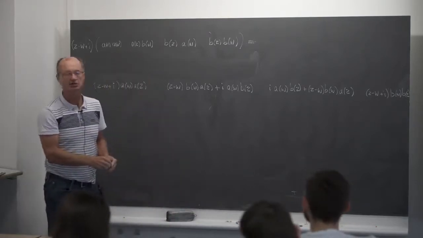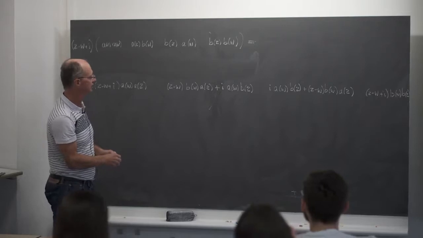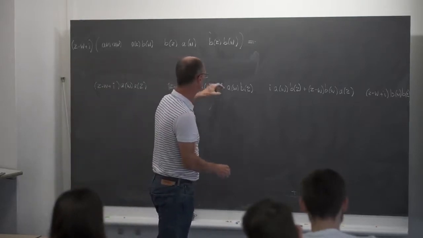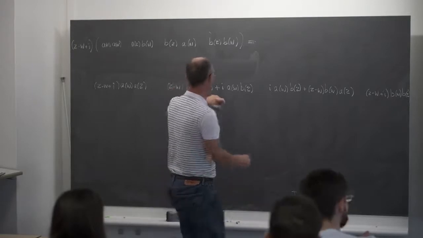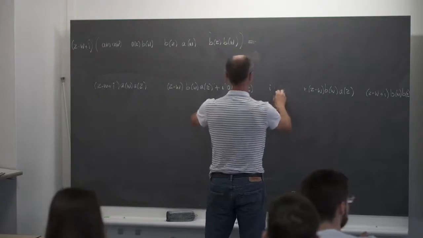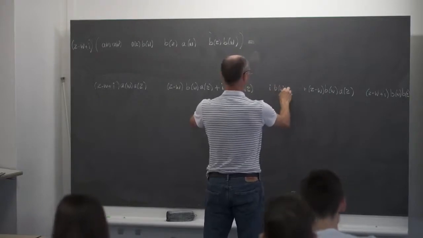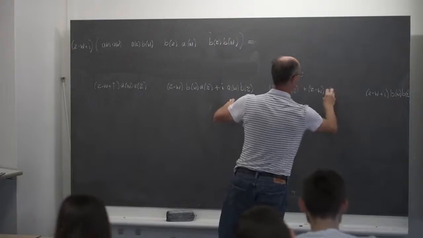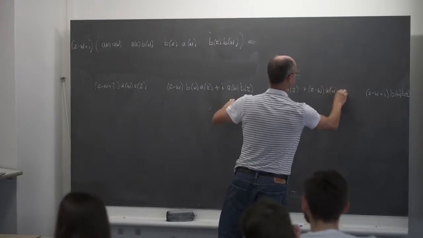The third term is not correct. So this is B of W, A of Z, and this is A of W, B of Z.